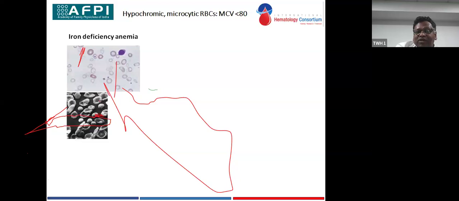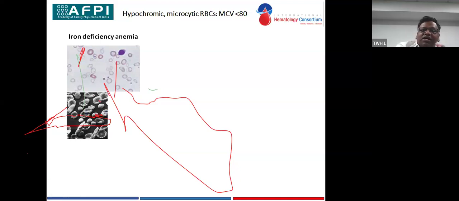If you look at this under electron microscope, this is how it looks. It's fascinating. Different sizes, and you see very little hemoglobin in this. If you say that this one has good hemoglobin, good color, this has very little hemoglobin, so the central pallor is much bigger, right?